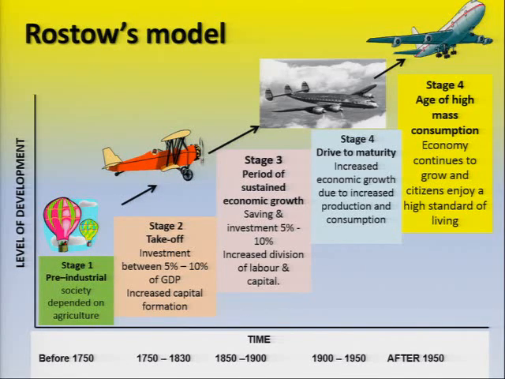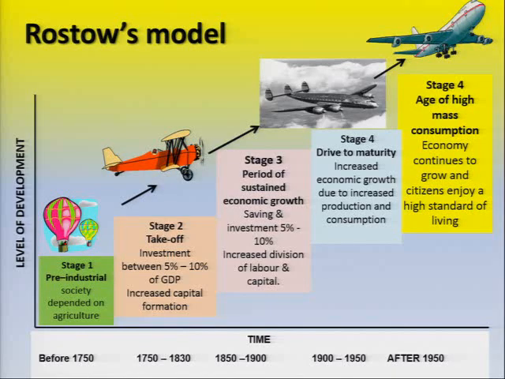That activity took most of those economies from the pre-industrial stage to the second stage. And then the third stage would be the period of sustained economic growth, which means these countries, in a transition period, in stage 3, experienced sustained economic growth.